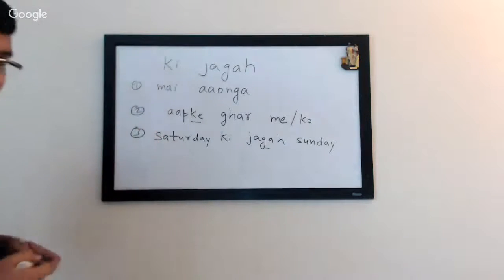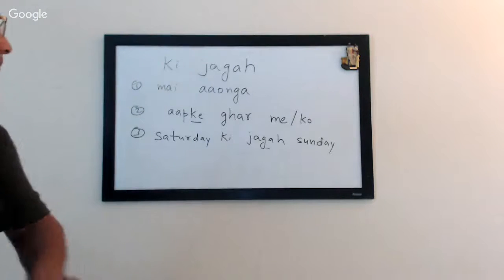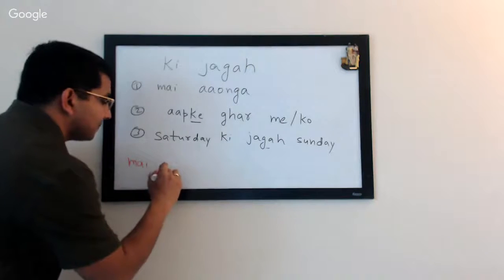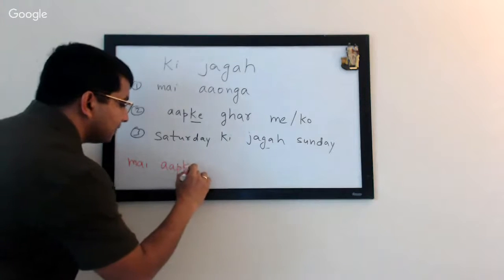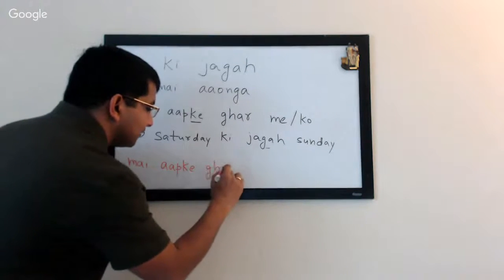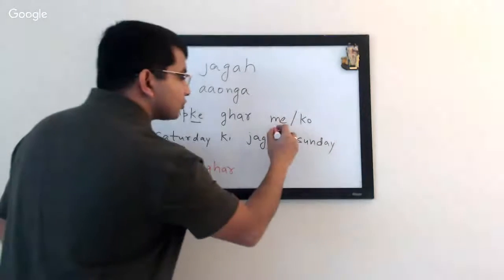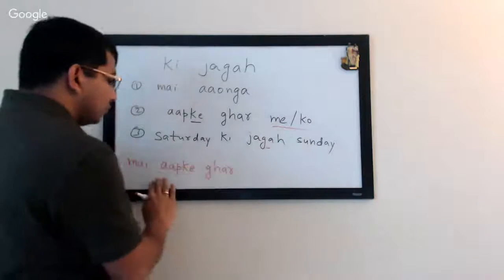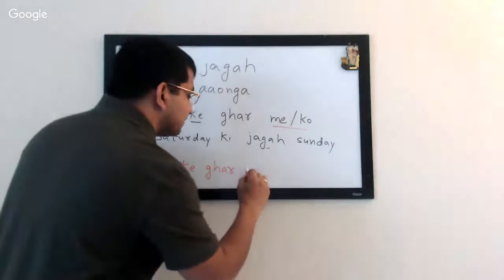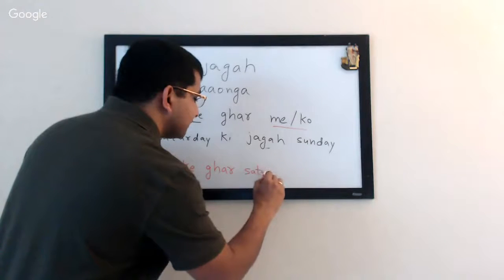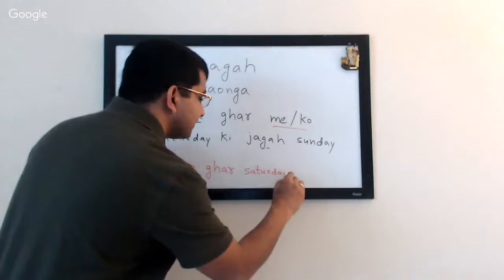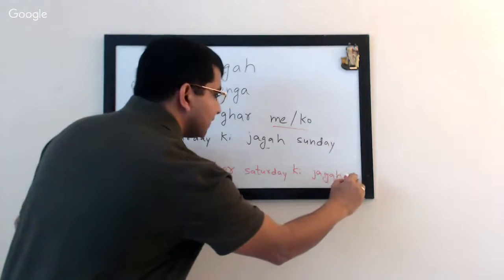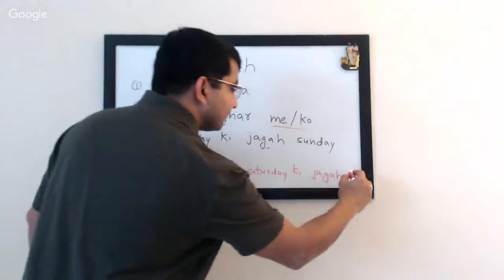When you combine all of them, your answer is basically मैं आपके घर. Even if you don't specify it, it's implied that you mean में or को. So मैं आपके घर सैटरडे की जगह, या शनिवार की जगह, and then you have Sunday.